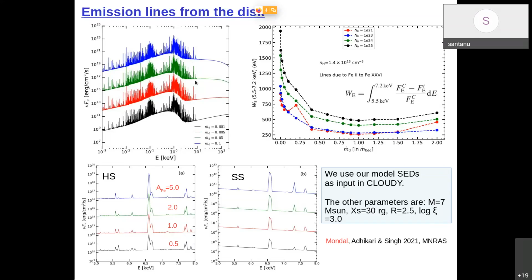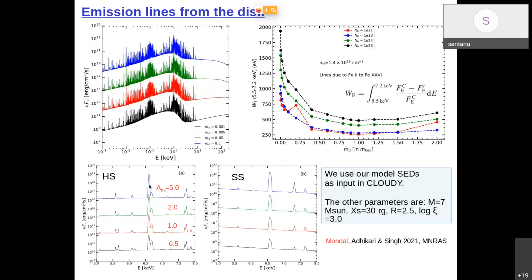Here we have plotted different accretion rate variations, showing how the iron emission lines change with different accretion rate. In the bottom panel, we have shown only the lines around 5.5 to 8 keV.